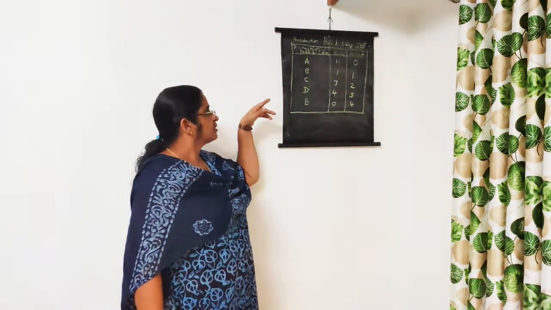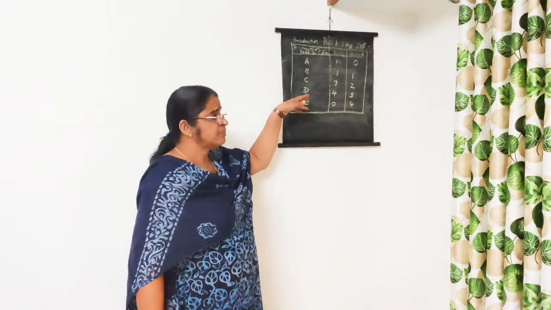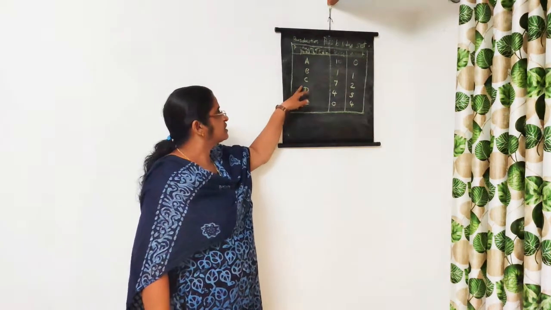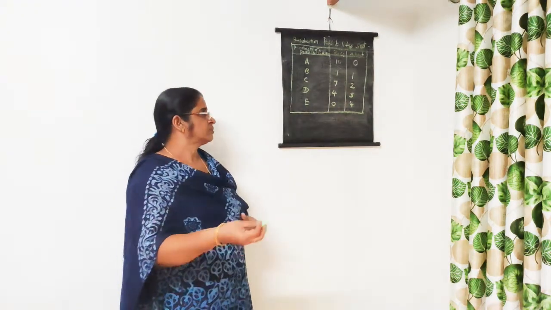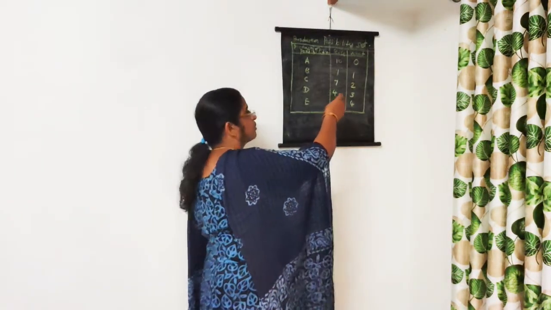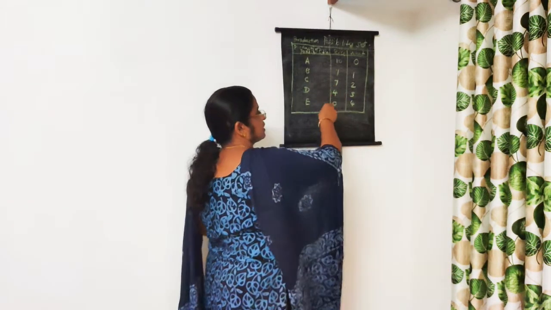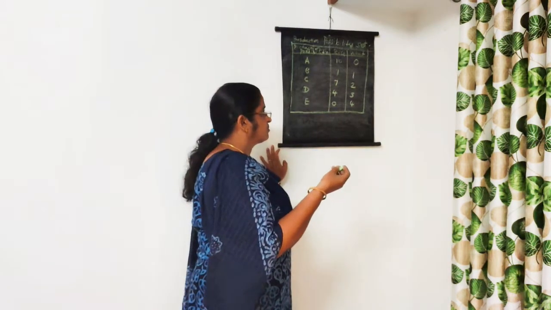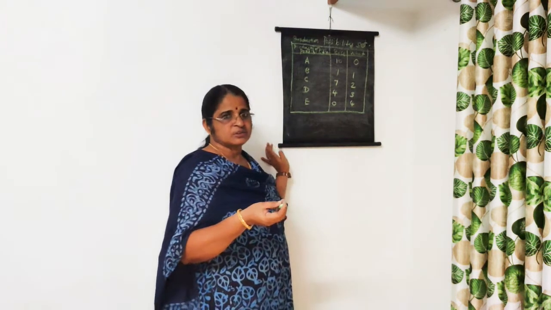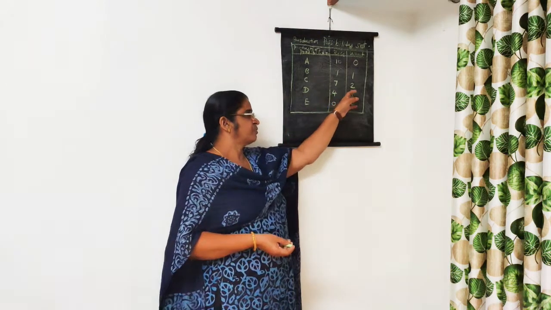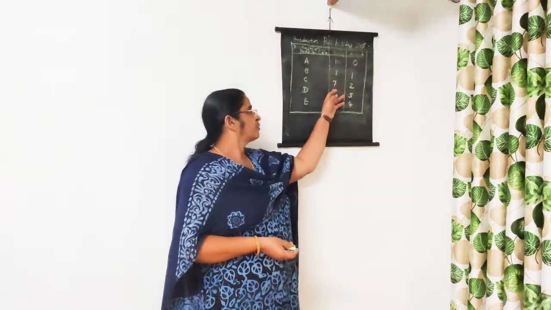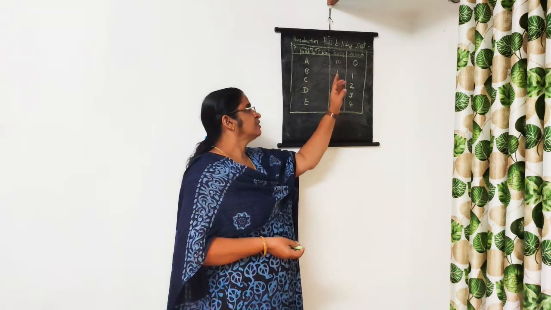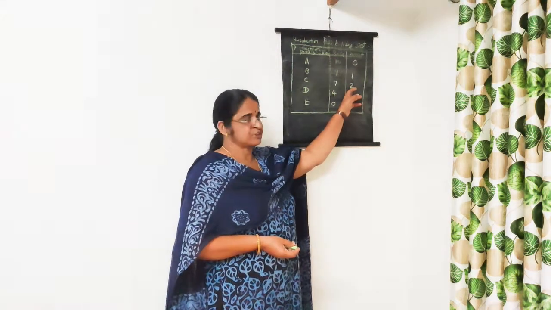And when we came into possibility C, we use more resources for the cultivation of rice and some resources are used for the production of wheat. So we get 7 units of rice and 2 units of wheat.